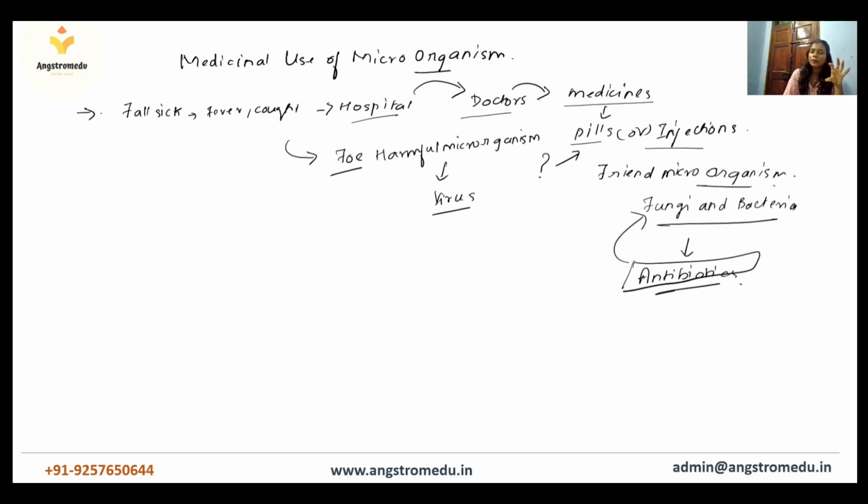So now we have seen how and from whom those pills and injections come. With the help of friend microorganisms, that is fungi and bacteria, there are antibiotics. Now my question is, what is the role of antibiotics? Yes, students, answer me.